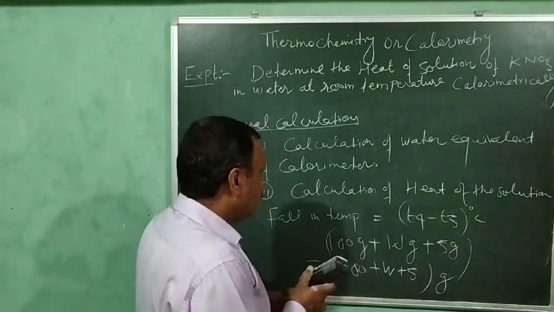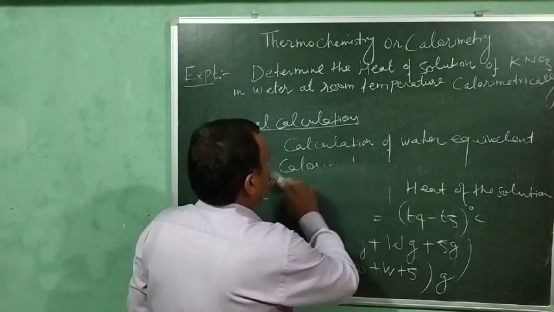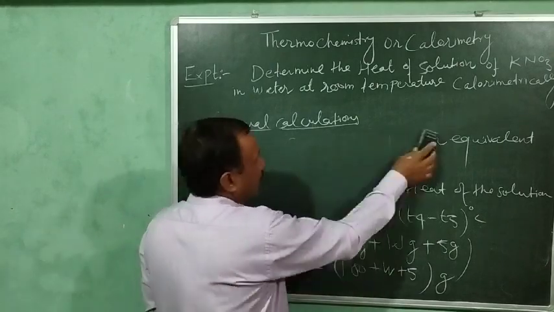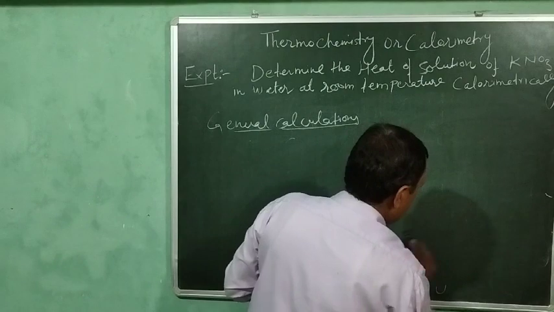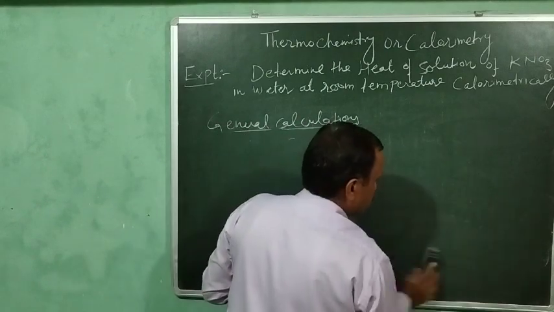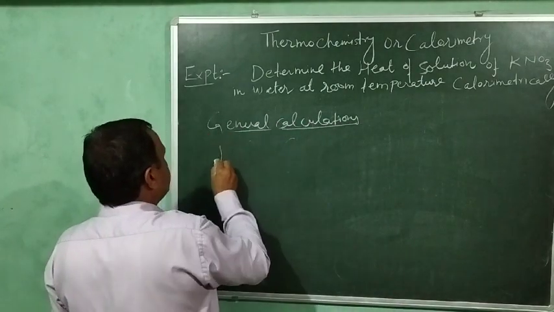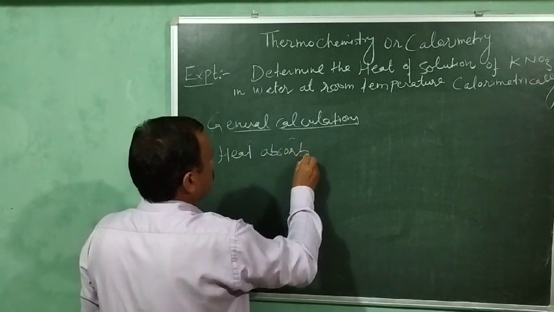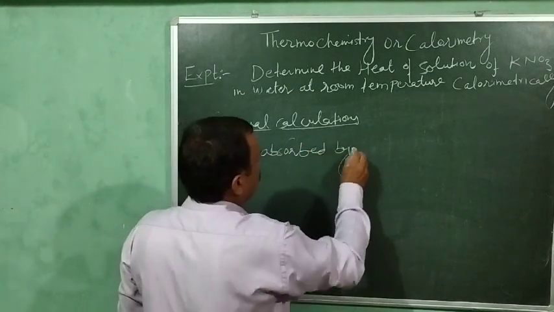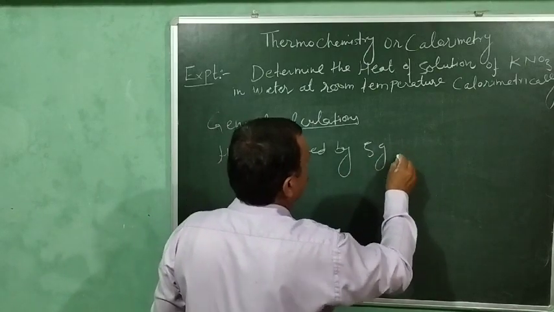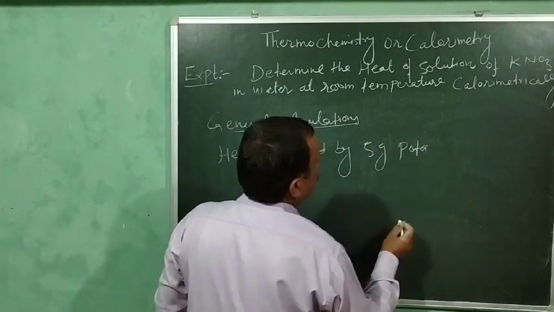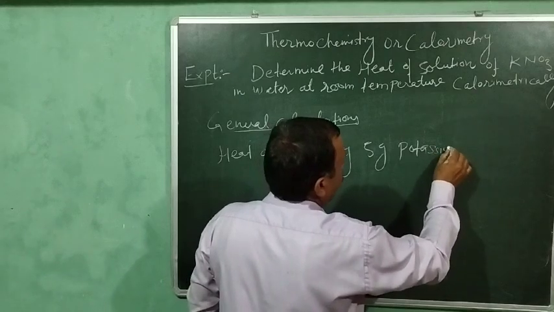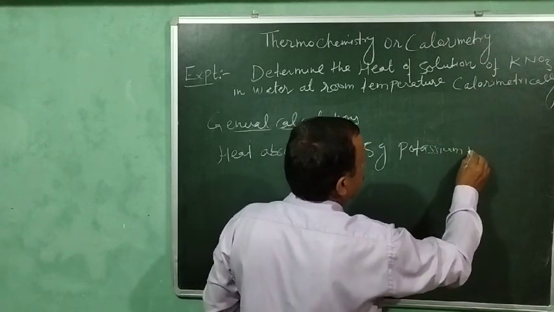So now I am writing the heat absorbed by 5 gram potassium nitrate.